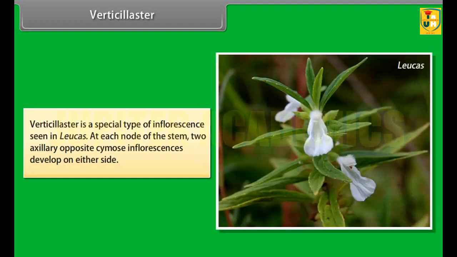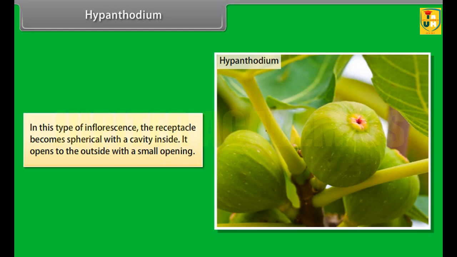Verticillaster. Verticillaster is a special type of inflorescence seen in Leucas. At each node of the stem, 2 axillary opposite cymose inflorescences develop on either side. Hypanthodium. In this type of inflorescence, the receptacle becomes spherical with a cavity inside.